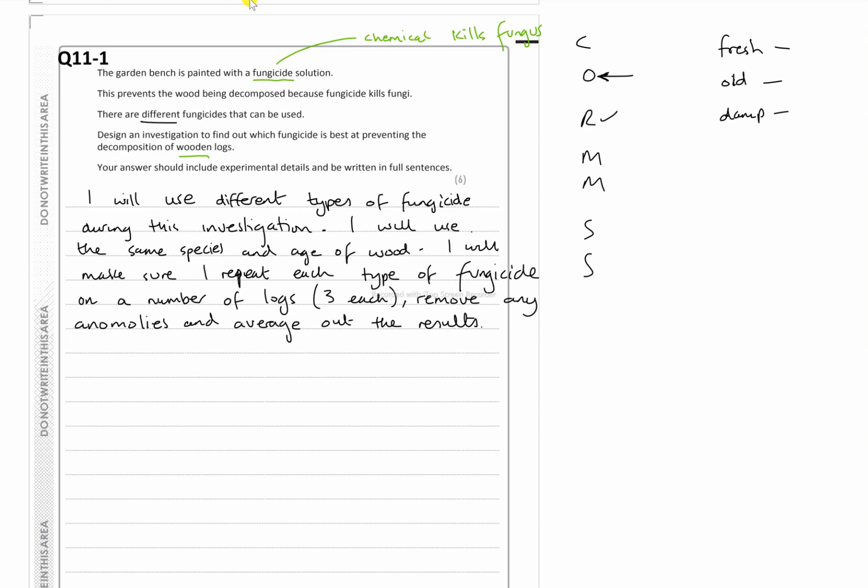Right, so what we're going to measure. Right, so what I would do is I will measure the mass of wood before and after the investigation to see how much is rotted away.